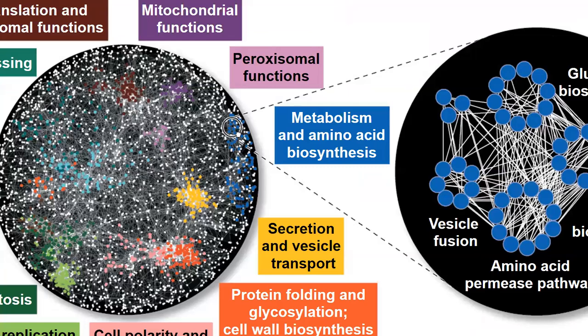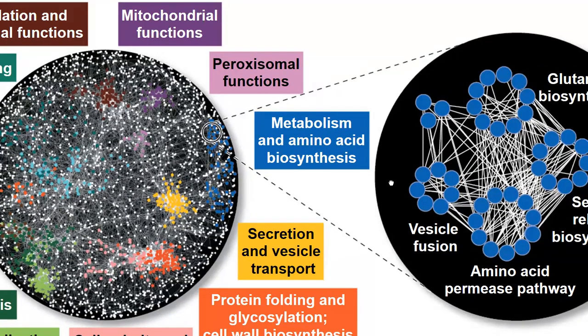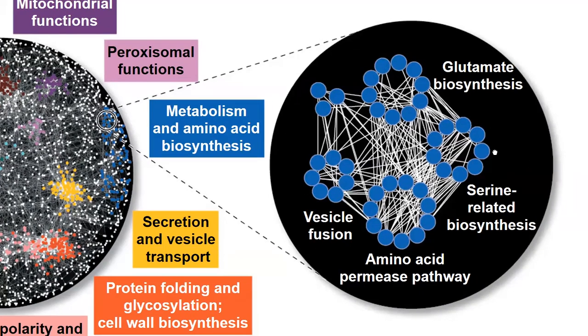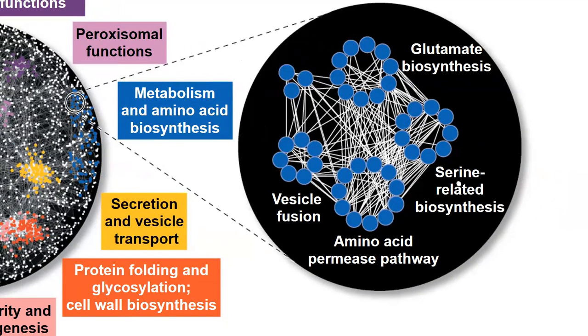So if we zoom in to this region, here we have genes that are colored blue, and these are genes important for metabolism and the synthesis of amino acids. And as you can see, if we zoom in, here we have a number of genes. These maybe 10 genes are important for the synthesis of glutamic acid. These genes are important for synthesis of the amino acid serine.